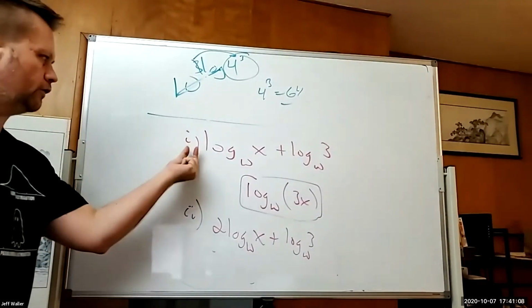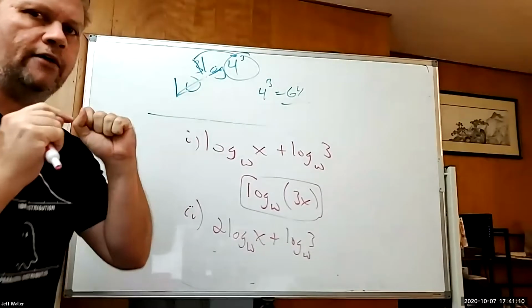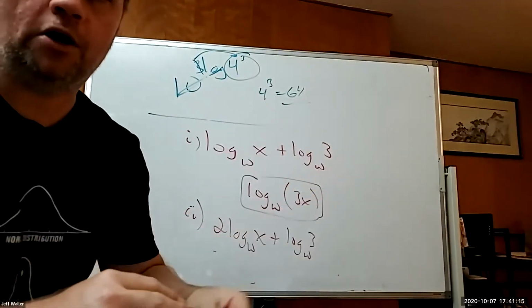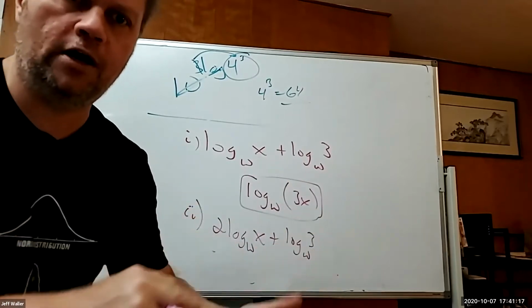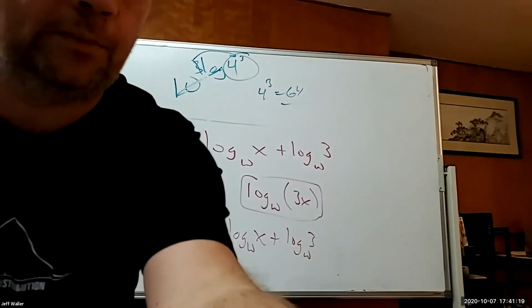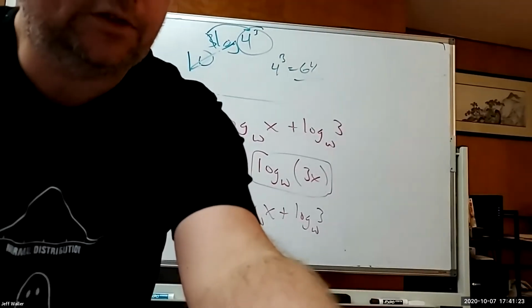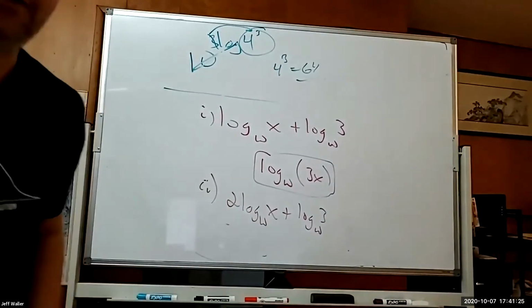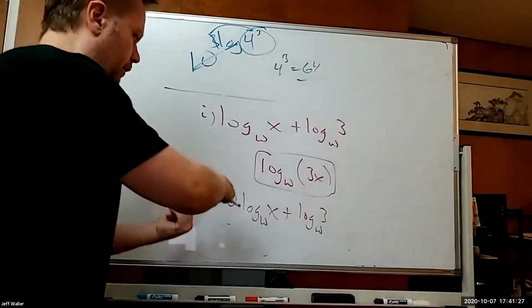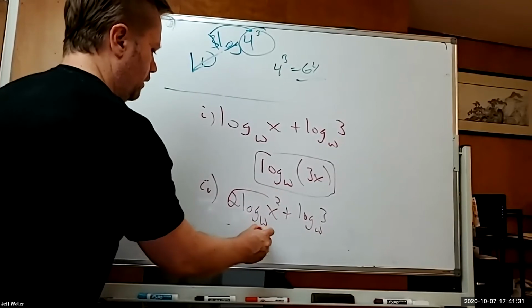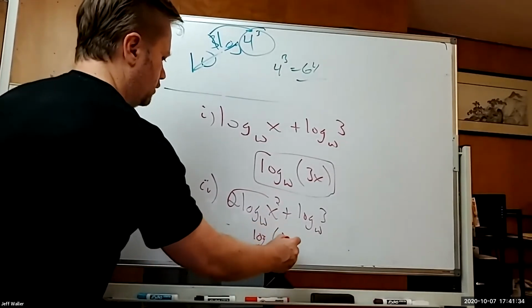If there's a coefficient in front of a logarithm, I have no properties for 2 logs plus log, or 8 logs plus a third of a log. There's no property for those. There's only properties for log plus log or log minus log. So I have to get those coefficients out of the way. And that's where that property comes into play, where it goes back into a power. So I can put that back up here, and then I can do 3x squared.